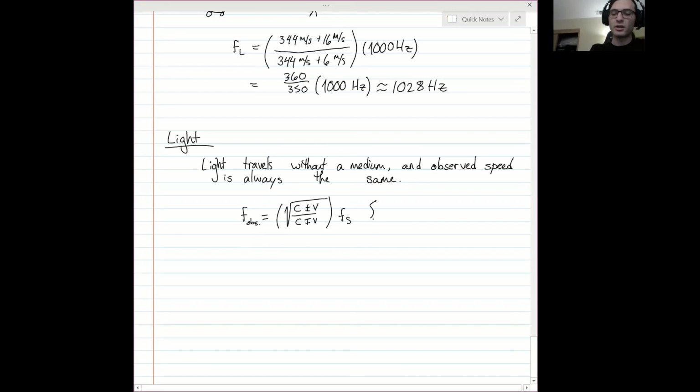Here you pick the top sign when distance is decreasing, and I'll explain this in a minute, and the bottom sign when distance is increasing.